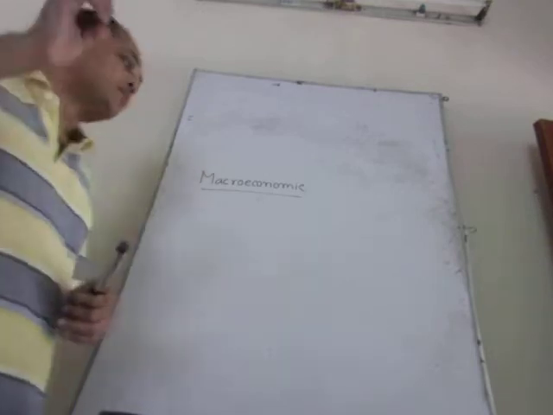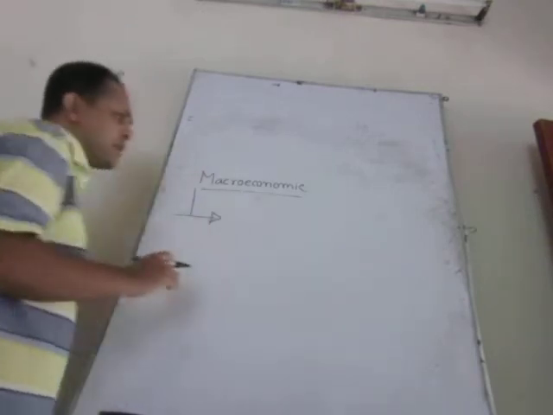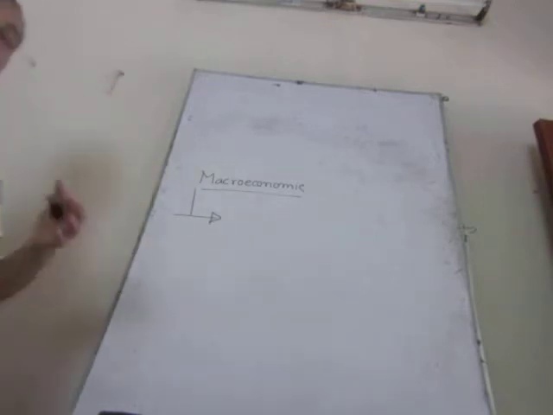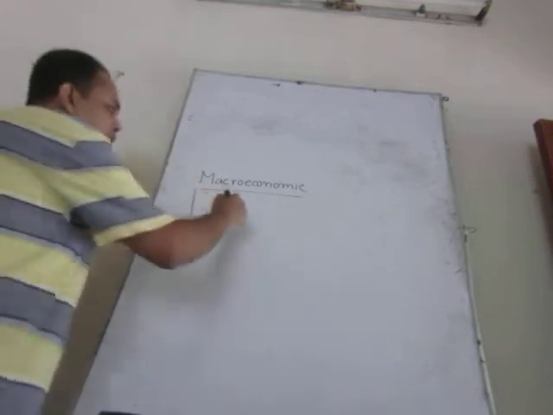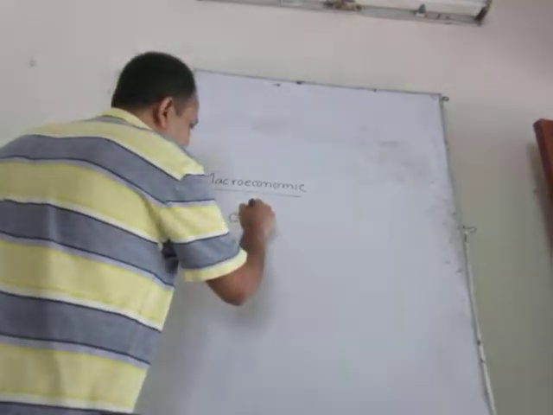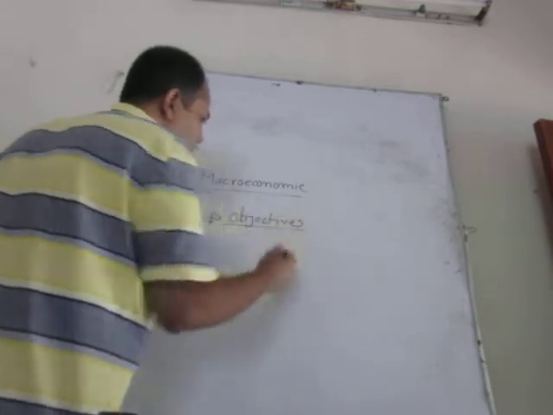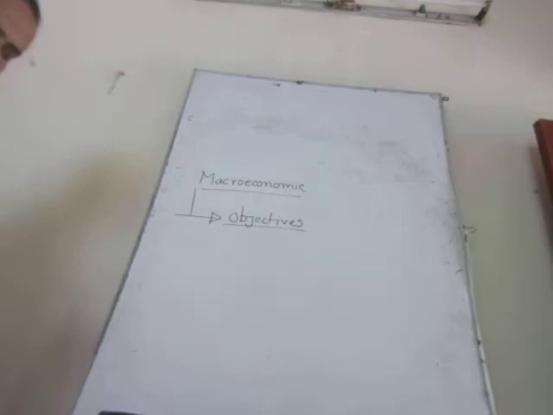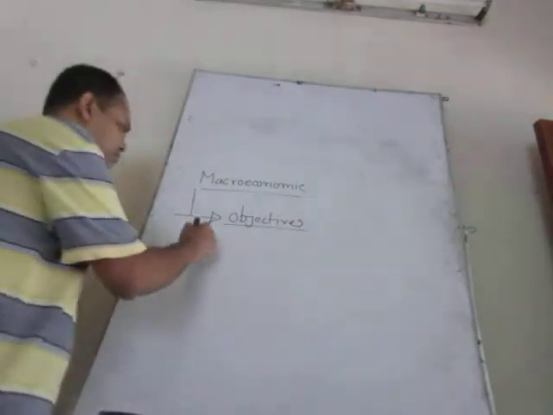Here, the thing is, government need to take different kinds of macroeconomical policy. The objective behind this, the objectives are very much important. Objectives. So, objective behind this is number 1.